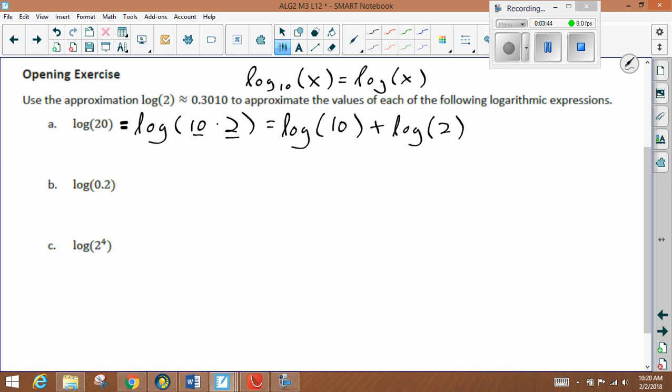What is log base 10 of 10? Yes. Because if you're going to evaluate that, you ask yourself, 10 to what power is 10? 1. So this is 1 plus, and it told us already that log base 10 of 2 is approximately 0.301.